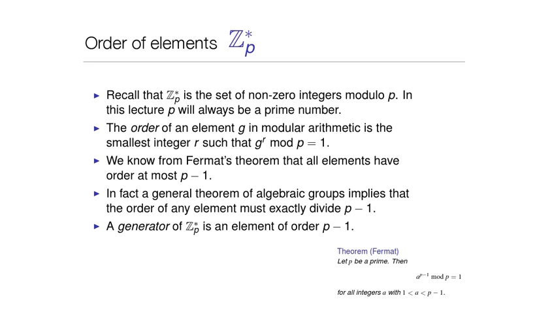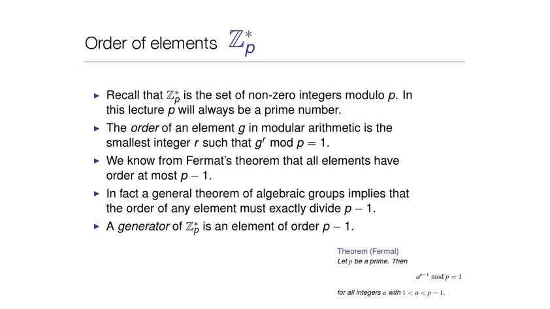We know Fermat's theorem. I think you have followed the supplementary slides I provided at the beginning of this lecture series. According to Fermat's theorem, all elements have order at most p minus 1.